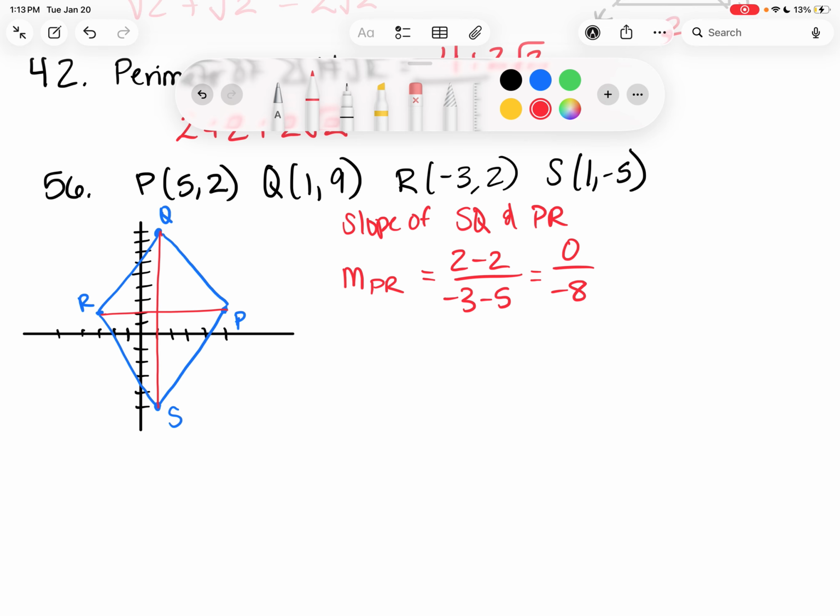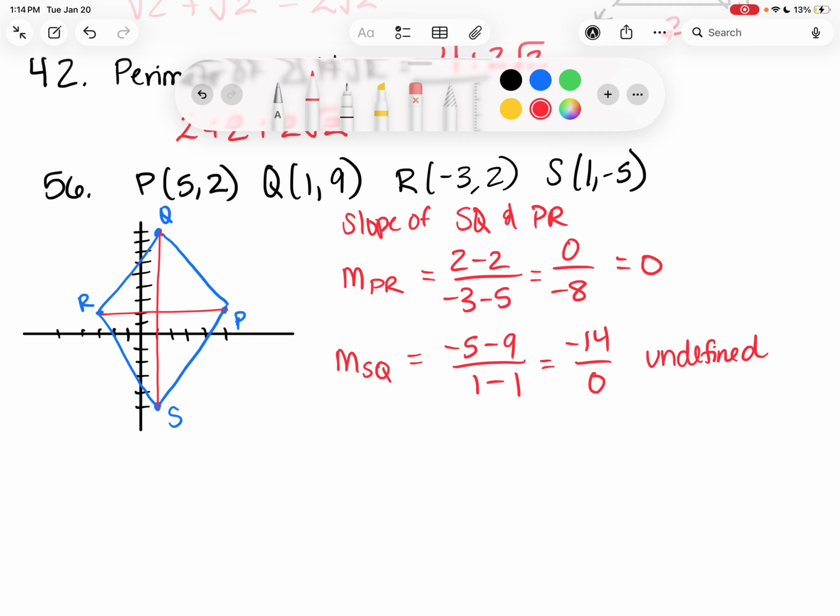Well, what's 0 divided by -8? 0. Then I'm going to do the other slope. The slope of SQ is -5 minus 9 over 1 minus 1. So that's -14 over 0. Well, what's -14 over 0? Undefined.